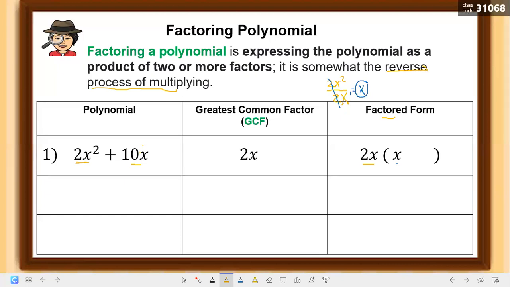So, pwede yun, no? Yung isang technique, ano yung multiply ko to get the 10x? Or i-divide mo, pwede rin naman yun, yung technique. Kaya that is simply, ang solution dyan, 10x divided by 2x.